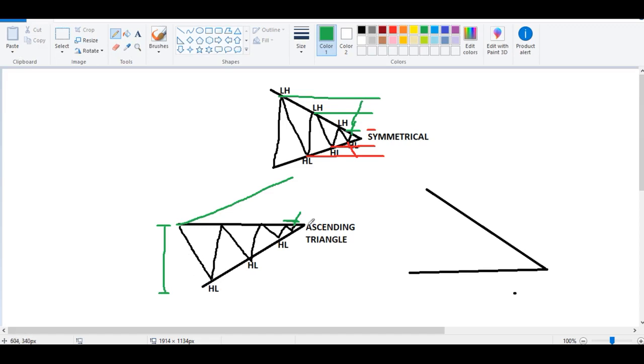The mouth, which will essentially be exactly the same as per this parallel line. Okay, so you either take the distance from the high to where the triangle starts forming. Basically, we can call this the mouth, or you simply draw a parallel line to this bottom trend line, and that will be your final target. Okay, and your stop loss is simply on the opposite end.